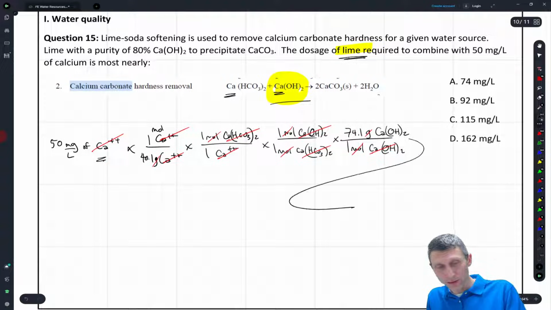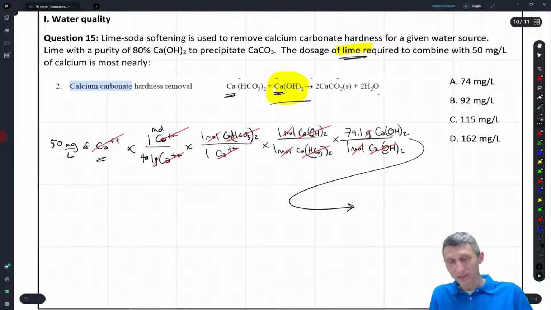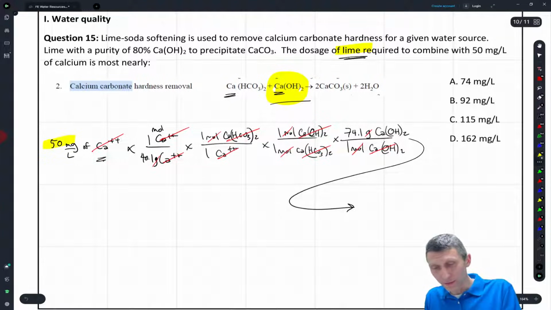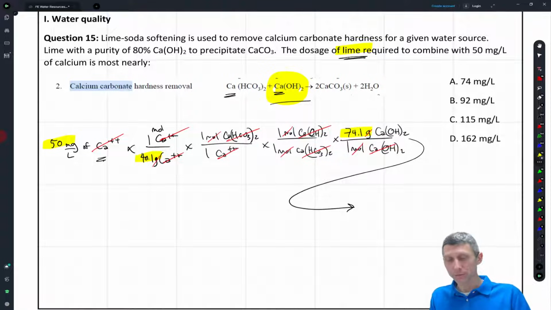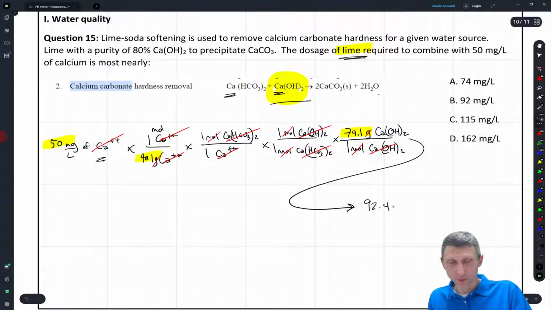When we do all this out, it just works out to 50 divided by 40.1 times 74.1. So we get 50 times 74.1 divided by 40.1, an answer of about 92.4 milligrams per liter of the lime.